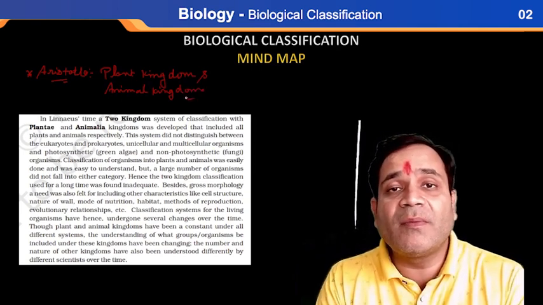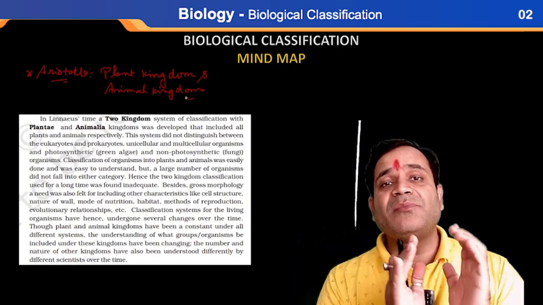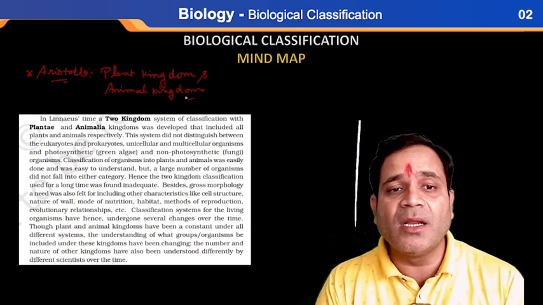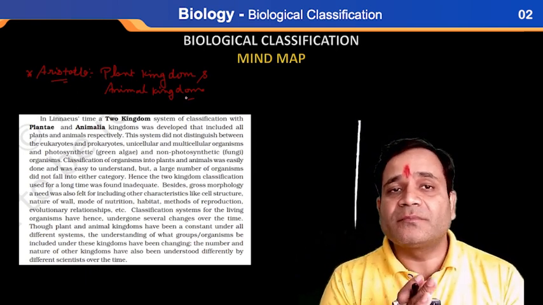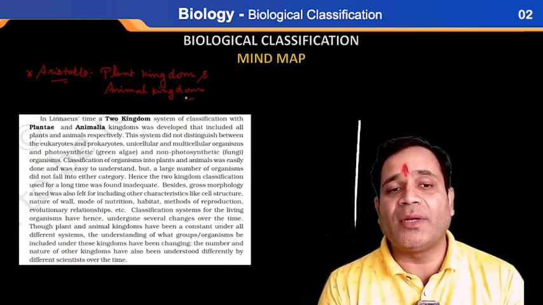But this two kingdom classification was not sufficient because there are some drawbacks. What are the drawbacks? The first drawback is that the system does not distinguish between eukaryotic and prokaryotic.